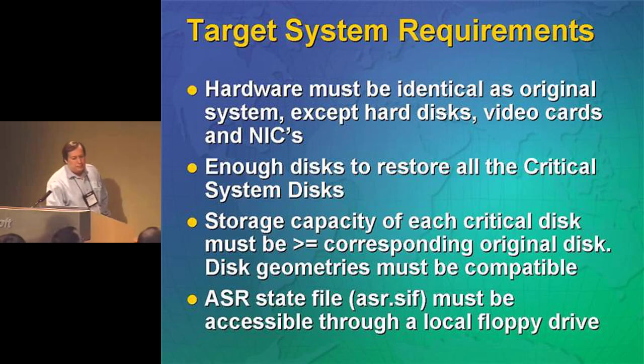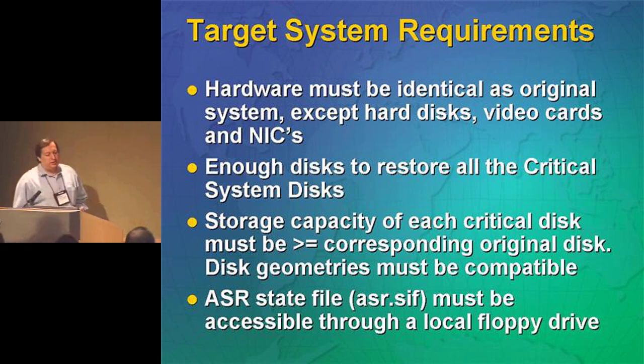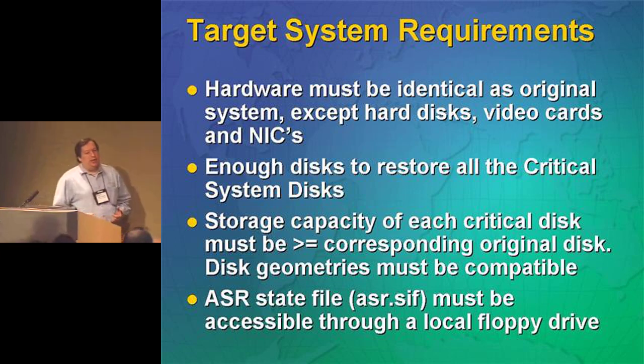Okay, so let's talk about the exceptions. The hardware really has to be identical. And when I say identical, what does that really mean? You can never get identical hardware. Even if it's the same part number from the same manufacturer, it's not identical. Actually, in reality, we're very flexible.